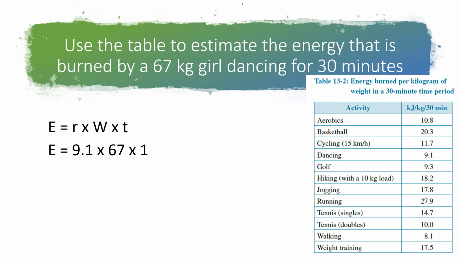So we're going to have 9.1 times the weight. The girl is 67 kilos, so 9.1 times 67, and she did it for one 30-minute interval, so it's times 1. And that will equal 609.7 kilojoules. So this girl dancing for 30 minutes will burn 609.7 kilojoules.